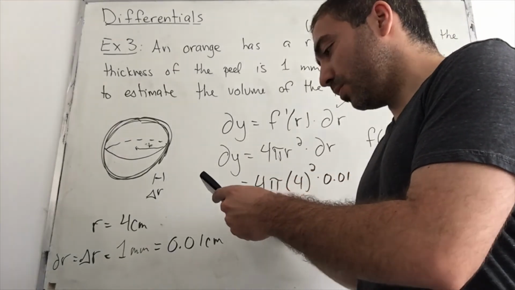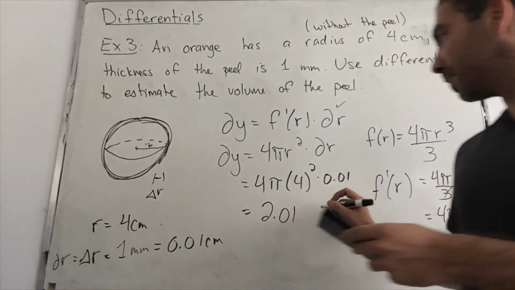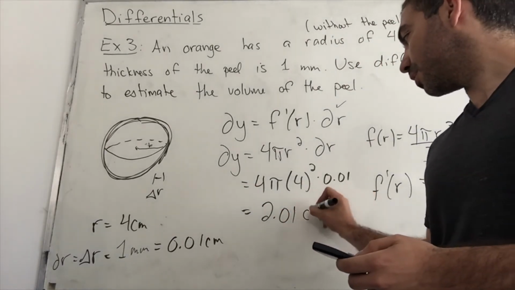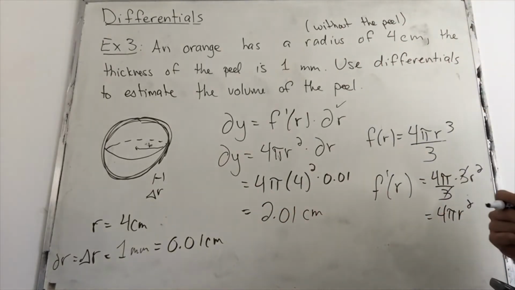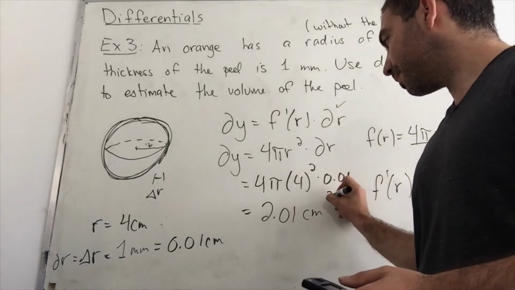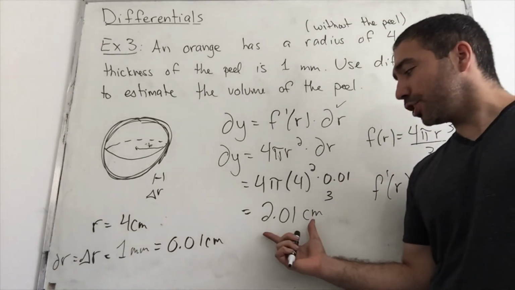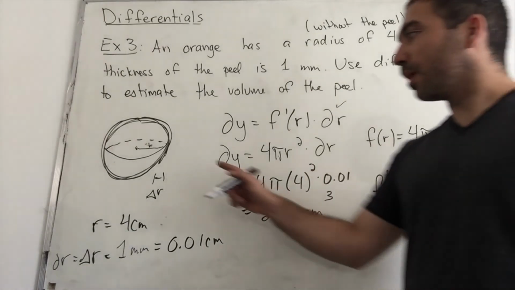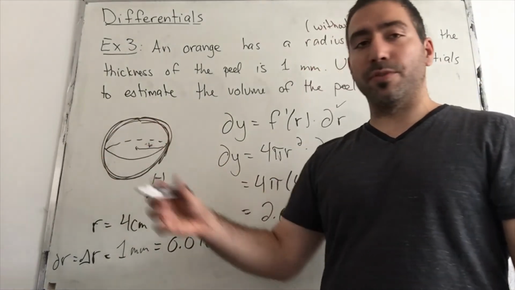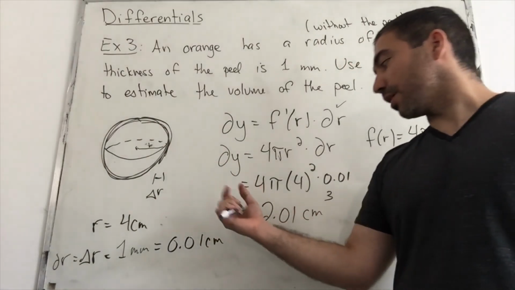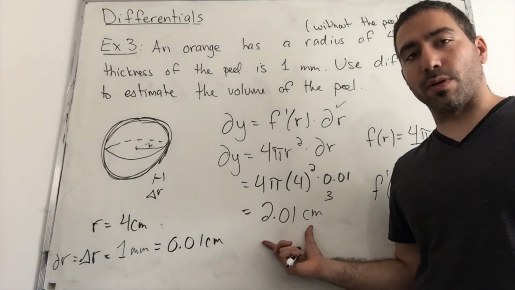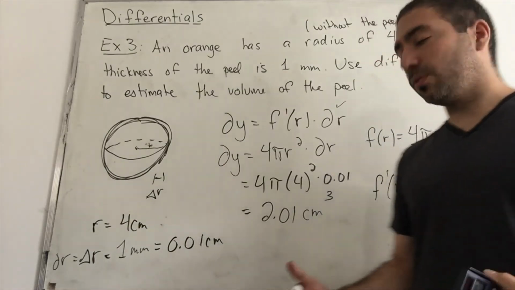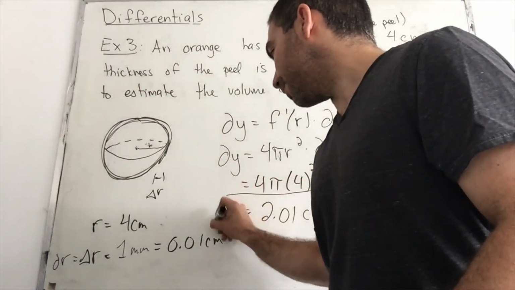I get about 2.01 centimeters cubed. So the change in the volume is about 2 centimeters cubed, or rather, think of it as the volume of just the peel without the orange inside, which would be 2.01 centimeters cubed. So this is our final answer using the differentials.